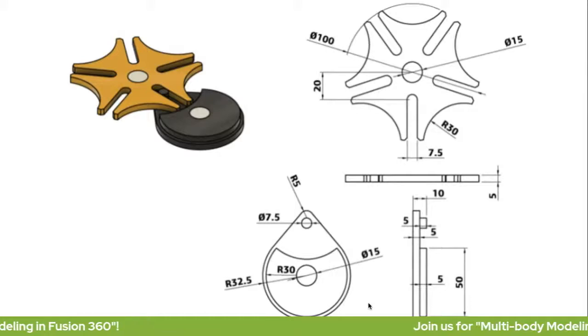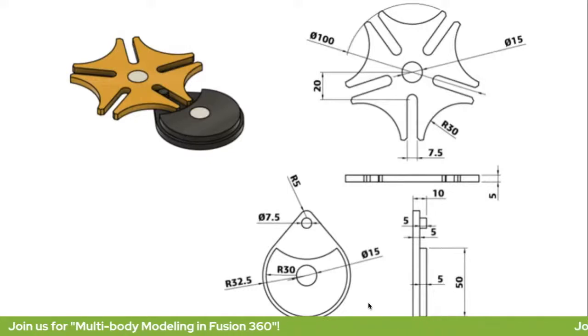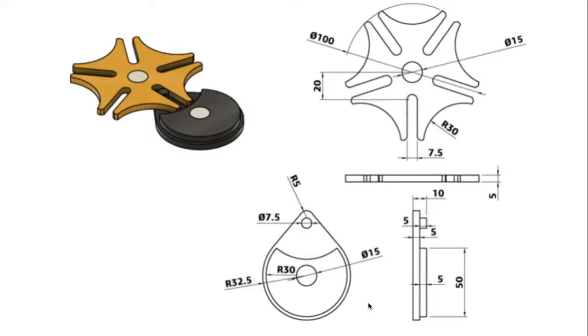In this assembly, we have mainly two components: one is the follower and another is the cam. The cam and follower mechanism will be assembled in the Fusion 360 workspace. Let's start.